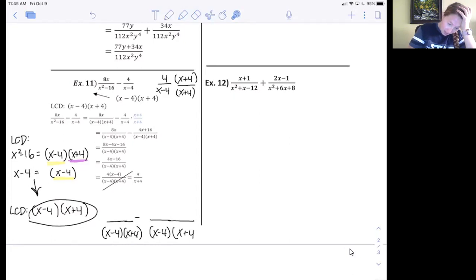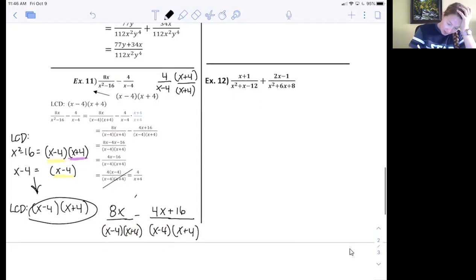Okay, so now when I times them together, I'm given this. We'll do it on this side. So I'm given this, so that's perfect on bottom. And now on top, I'm just going to multiply that out. So I have 4x plus 16. And then this fraction can stay the same because I already have that x minus 4, x plus 4. So I don't need to do anything to that.